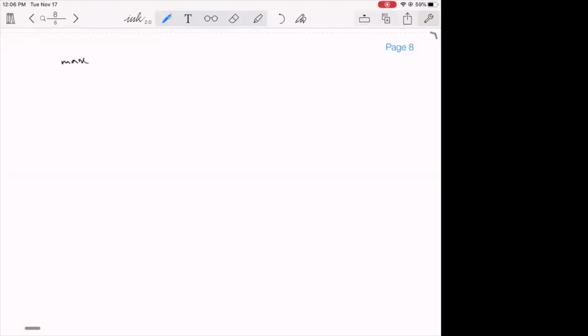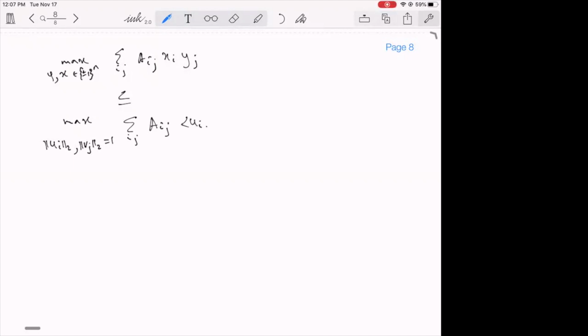We have the maximum over x, y in plus minus 1 to the n, summation over ij, a_ij x_i y_j, is at most the maximum over vectors of summation over ij, a_ij u_i inner product v_j, which is at most some constant K.